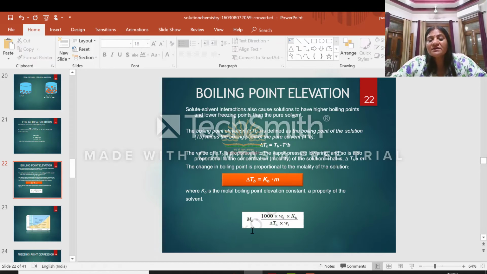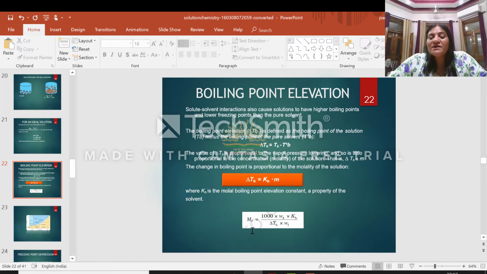Now the next colligative property is boiling point elevation. Solute-solvent interaction also causes a solution to have a higher boiling point and a lower freezing point than the pure solvent.